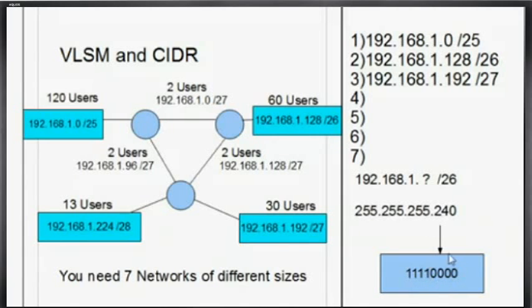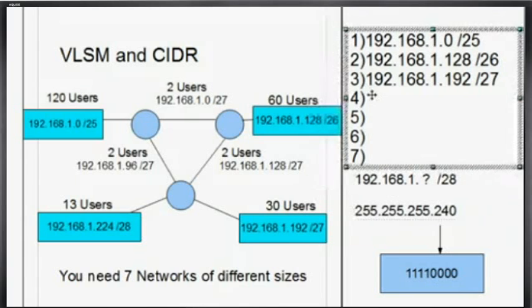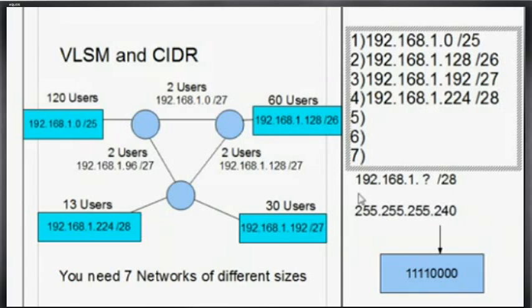We borrowed 4 bits now. It's actually a /28. Right? And I'll put it up here too. 192.168.1.224/28, and that means the magic number is now 128, 64, 32, 16. It'll give me 16 hosts starting at 224. That's the network number, and 16 hosts from 224 to 239. 239 will be the broadcast address.